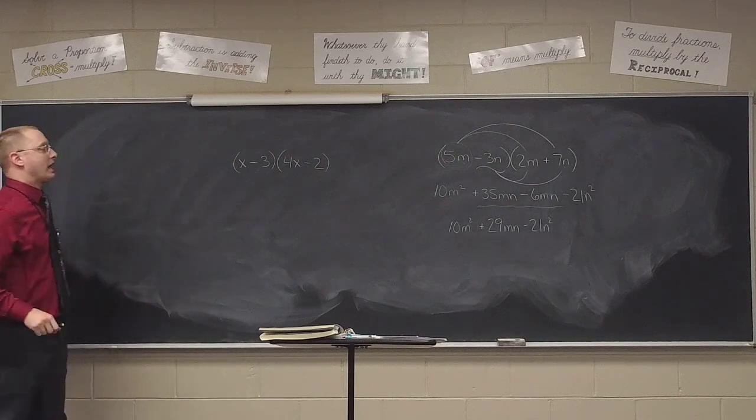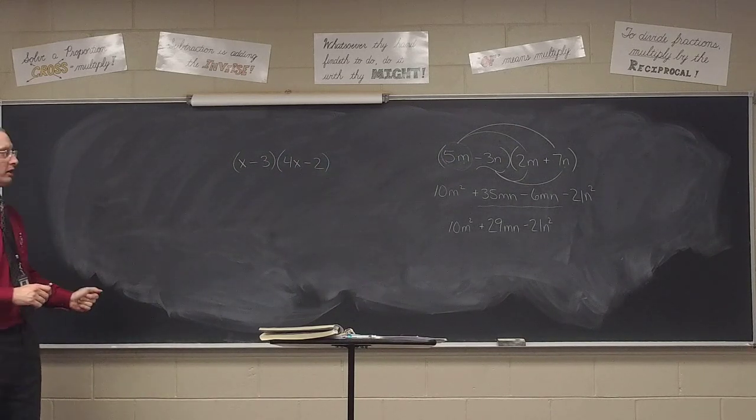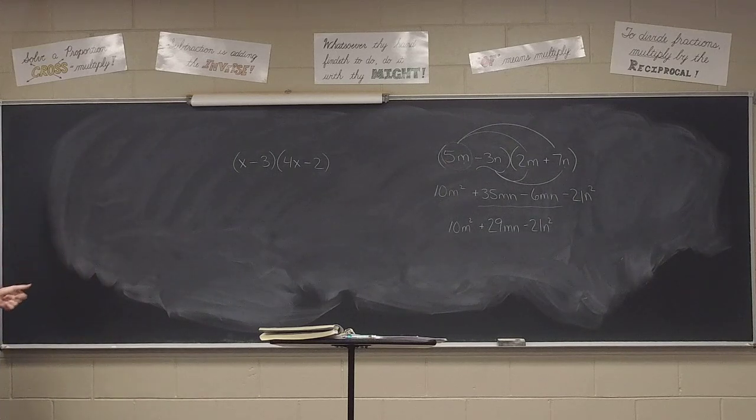Try this next one. X negative 3 times 4x negative 2. Sign, number, letter. Sign, number, letter. Switch. Sign, number, letter. Sign, number, letter. Then see if there's any combining. But it's all multiplication on the first 4 steps.